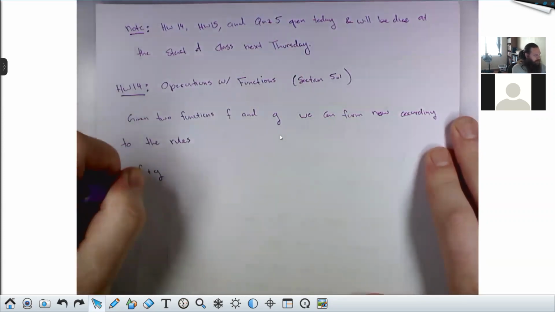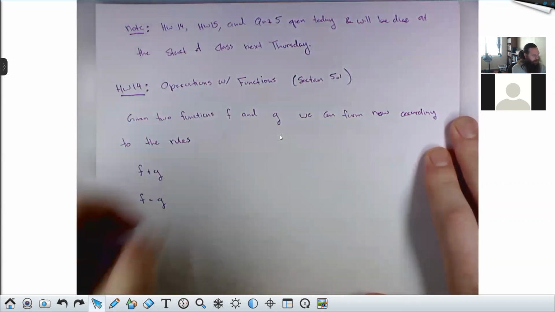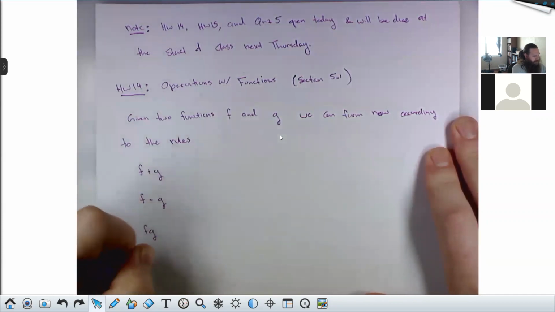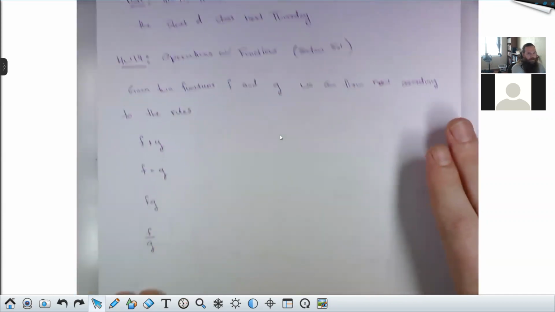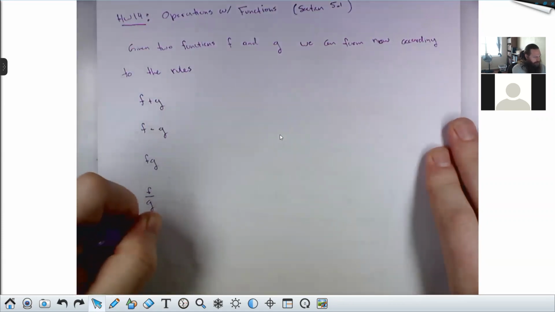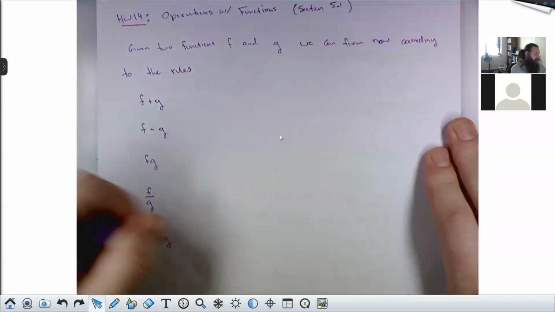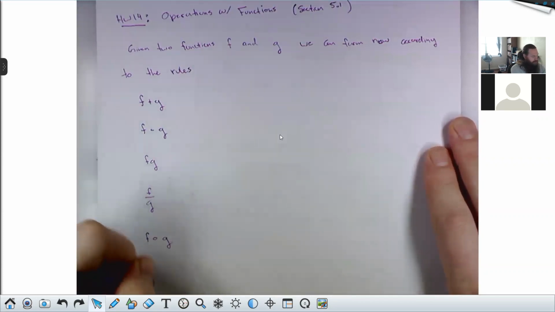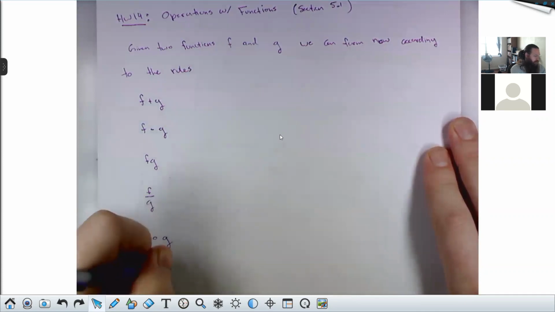So here are the new functions I'm going to form. They'll be called f plus g, f minus g, f times g, f over g, and then the last one is the exciting one, f circ g. Some people read this as fog, but this middle thing here is not the letter O, it's a little circle. And we can do this in the other direction, g circ f.